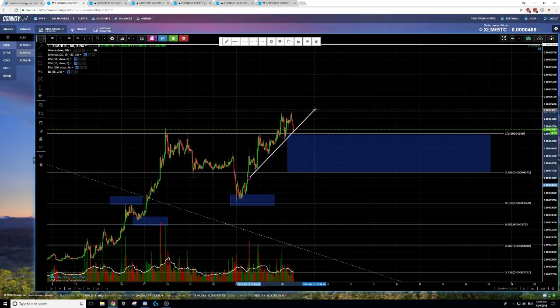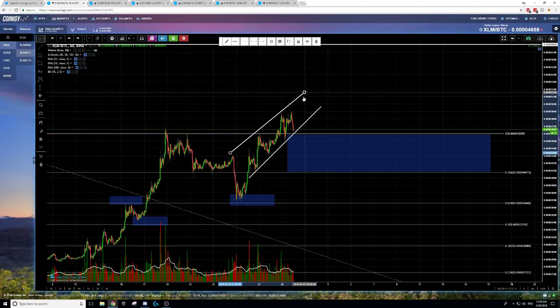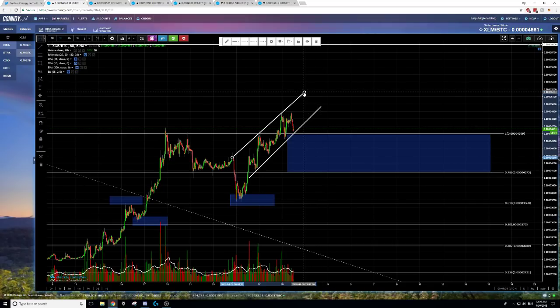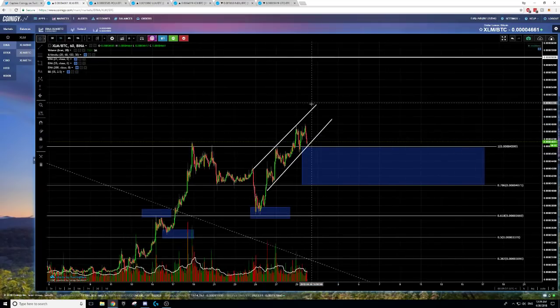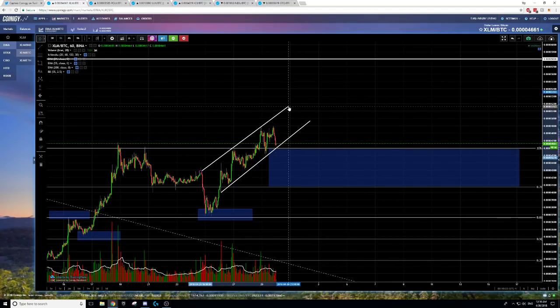So this could be another case for us bouncing right here off of that support, and then we might have something going on here. I don't know if this plays into it at all, but some kind of parallel channel going up. So you might see a bounce here, bouncing between these two channels.